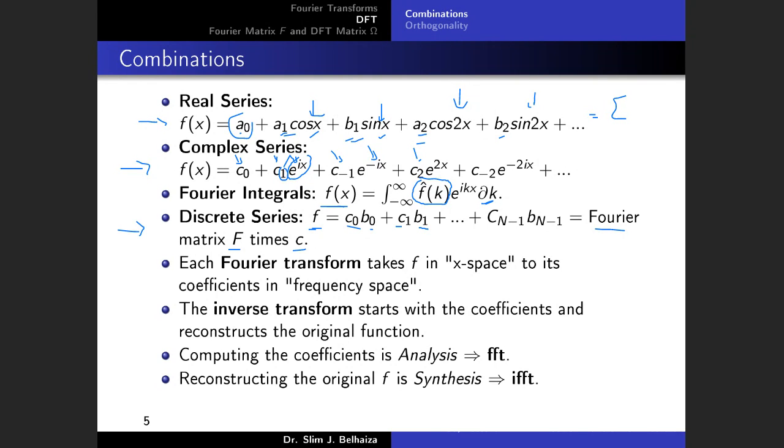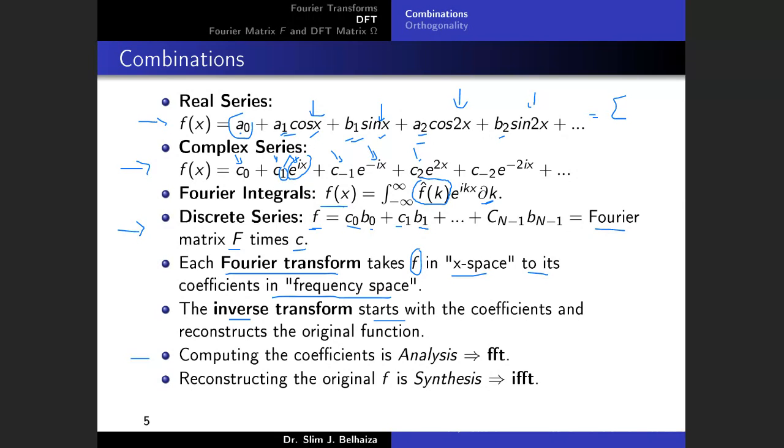The Fourier transform takes f in the x space to its coefficients in the frequency space. And the goal, of course, is to study the thing you are dealing with, whether it's a function or a vector. The inverse transform starts with the coefficients and tries to reconstruct the original function.